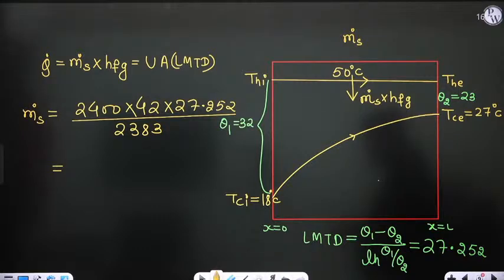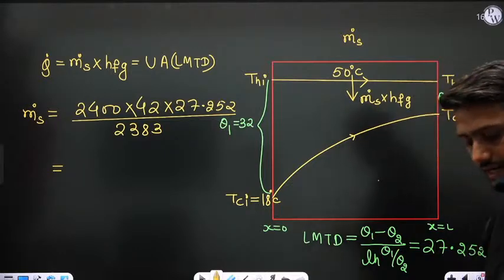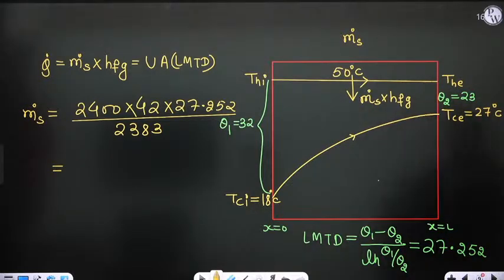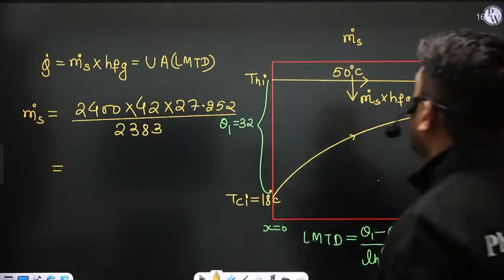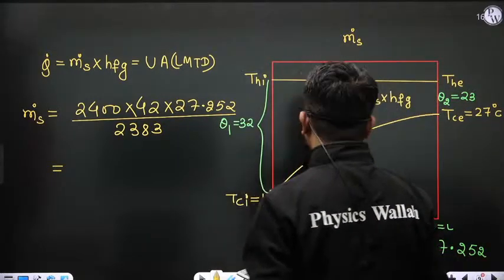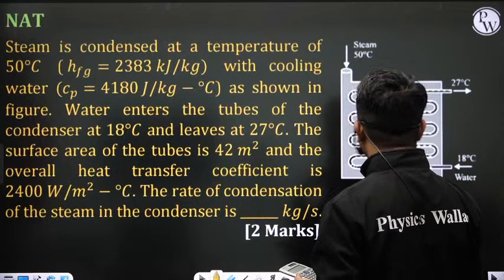So this is 2400 into 42 into 27.252 divided by 2383. 2400, the overall heat transfer coefficient is in watt, na?